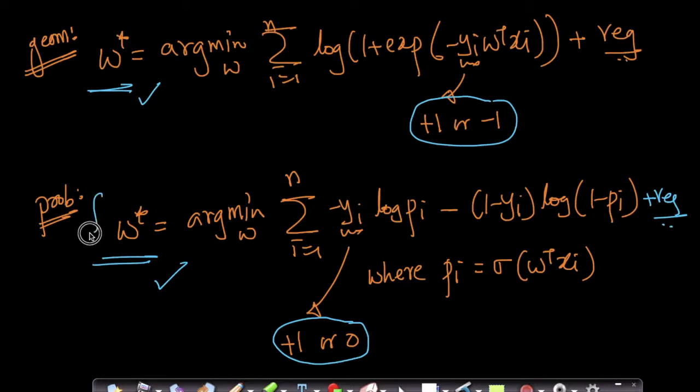When yi is positive, what happens in the geometric interpretation? Your yi is +1. What happens in the probabilistic derivation? Your yi is also +1. So this is the probabilistic equation. This is the geometric way of getting it. I'll show that these two are equivalent.